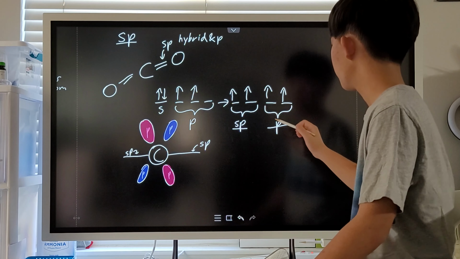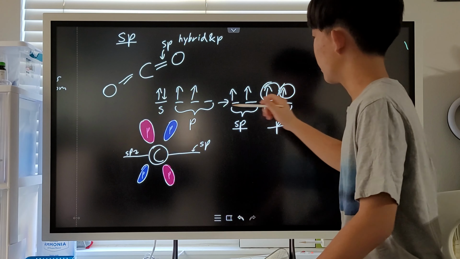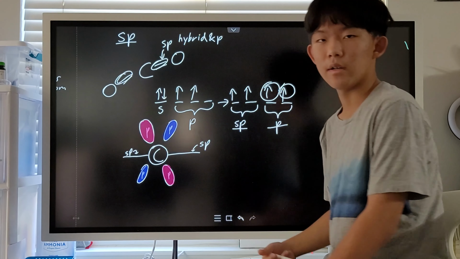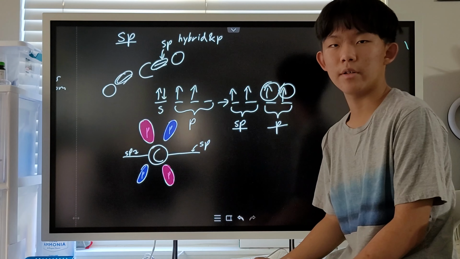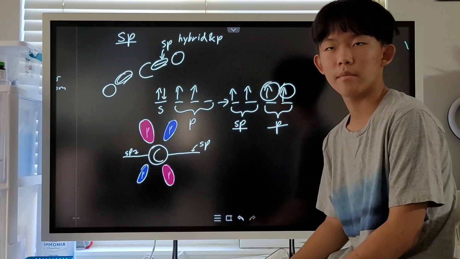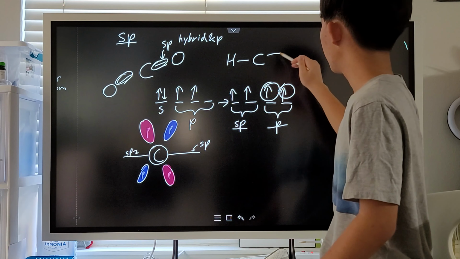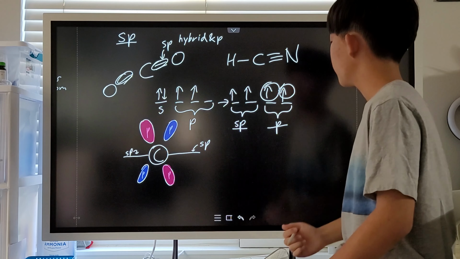Now you see here, we have 2 p electrons because these 2 p electrons are going to form the double bond, because as you all know by now, pi bonds need a p electron to pair up. Also, this is true for triple bonds as well, like say in hydrogen cyanide.